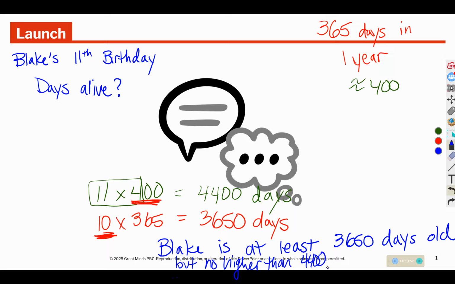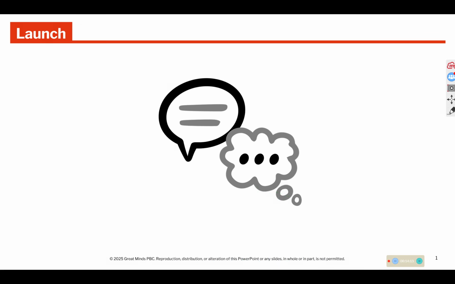So he's somewhere in between 3,650 and 4,400 days old. These are not the only two estimates that you could use. You may have estimated that 365 days was about 370 days and used that fact or that rounding.